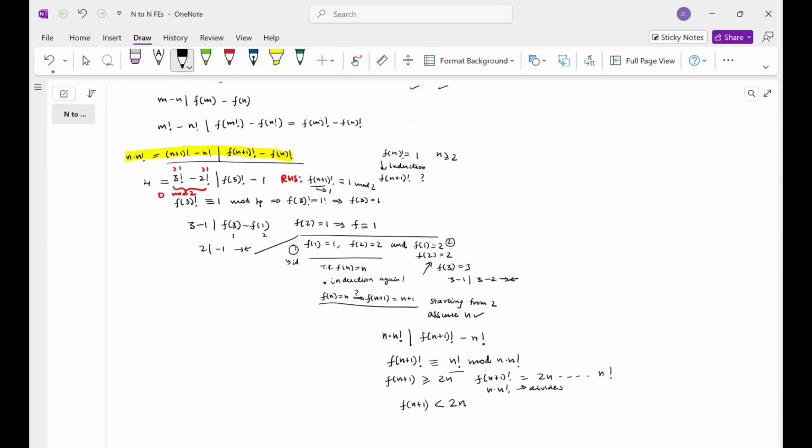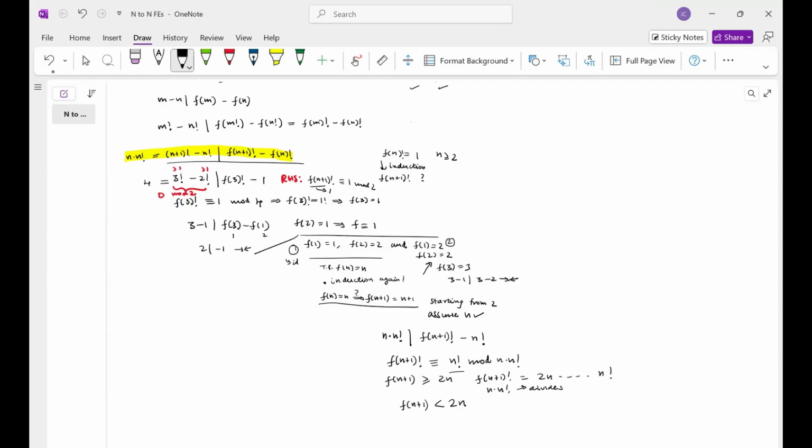And why is that? Because f of n plus 1 is less than 2n, and also n factorial divides f of n plus 1 factorial minus n factorial, which, oh, okay, maybe.